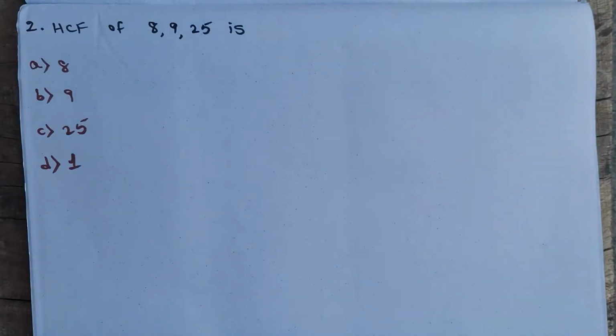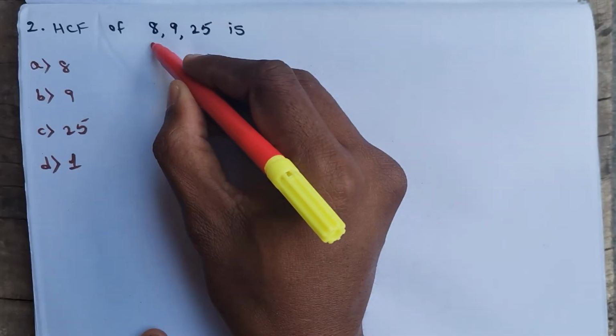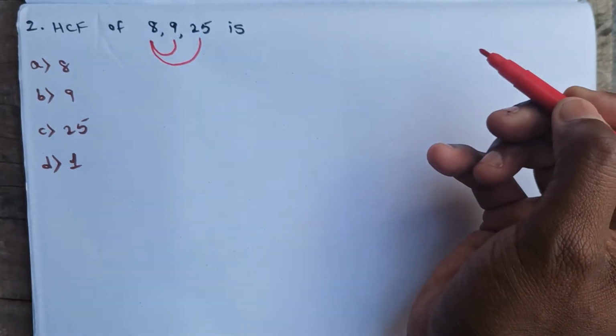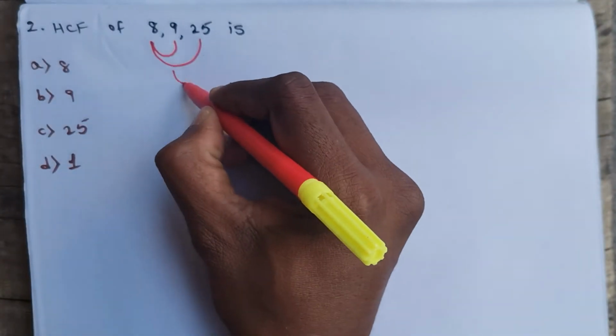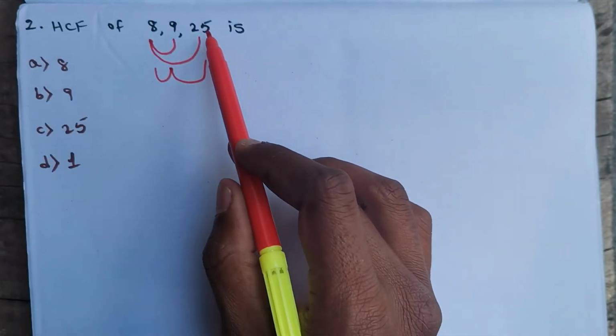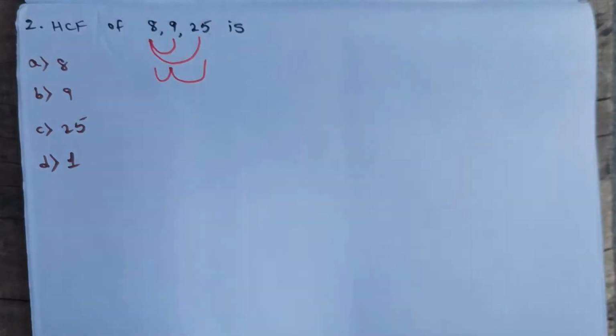HCF of 8, 9 and 25. If we observe the given 3 numbers clearly, in the 8 table 9 won't come, in the 8 table 25 won't come, in the 9 table 25 won't come, in the 9 table 8 won't come, in the 25 table 8 won't come, in the 25 table 9 won't come.